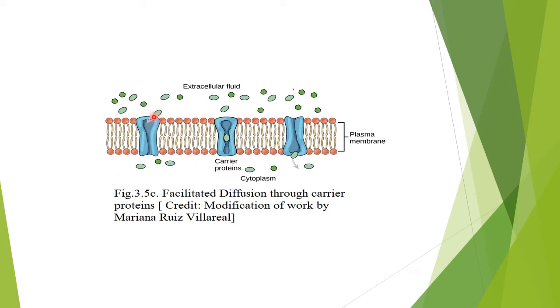Once the ion comes in contact with the protein carrier, there's a conformational change and it rotates and pushes it from outside to the inside. So facilitated diffusion takes place by means of these protein carriers which undergo a conformational change. If it is this way, it will turn this way, and release the ions inside, carrying the ions from the outside to the inside. This is called facilitated diffusion.